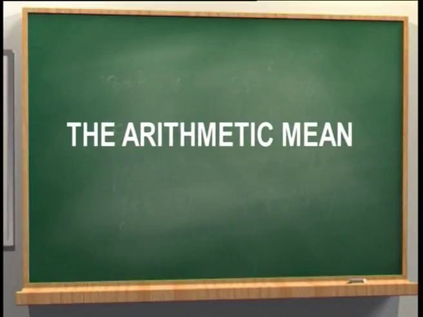Now, let us look at the arithmetic mean. The arithmetic mean or arithmetic average is one of the most common measures of central tendency and is defined as the sum of the values in the data group divided by the number of values.